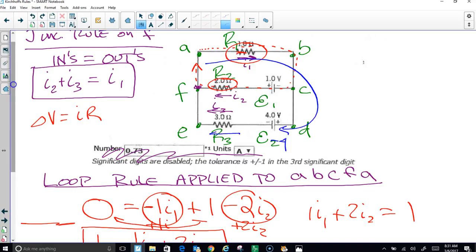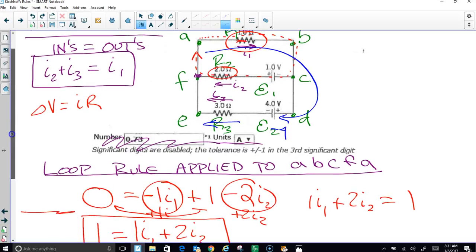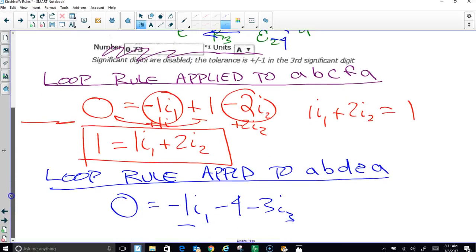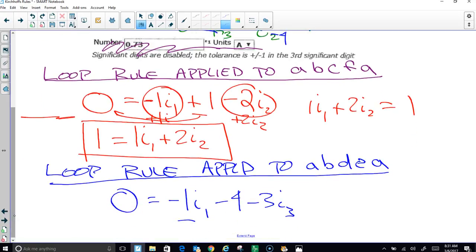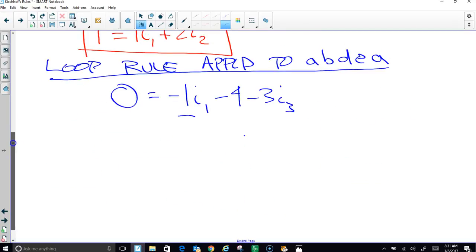And we drop again here, and that's going to be negative 3 I3. Maybe it's a little cheesy the way they set this problem up with the resistors and the numbers the same.